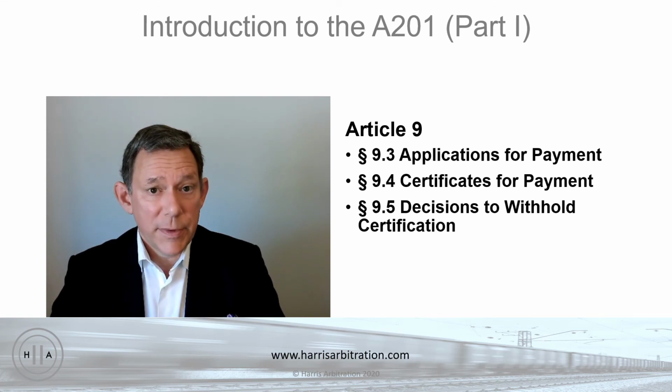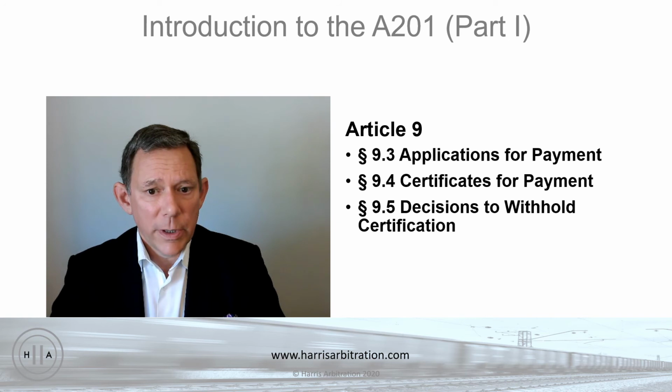Let's say 15% if we're being generous. Then the contractor says in its application for payment, where the pricing mechanism is cost plus, here are all my costs plus 15% of those costs for my own overhead and profit, whatever that product is, how much I'm asking to be paid this month. Okay.